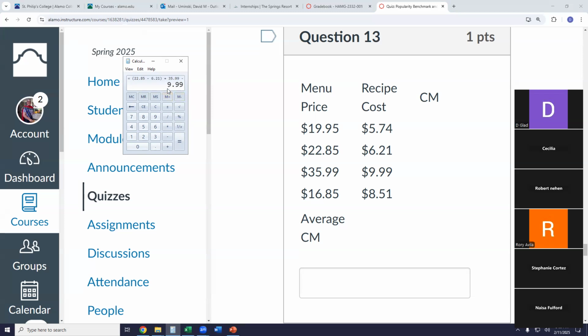Would it be easier to just add the menu price column and add the recipe cost and then subtract those two numbers? You could, yeah. You could do that.